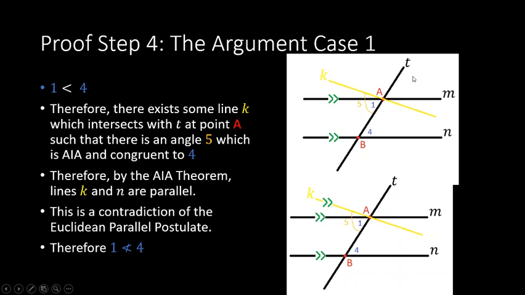We can look at this diagram here and see that K is a line which intersects T at point A, and we're saying that angle 5 here is congruent to angle 4.